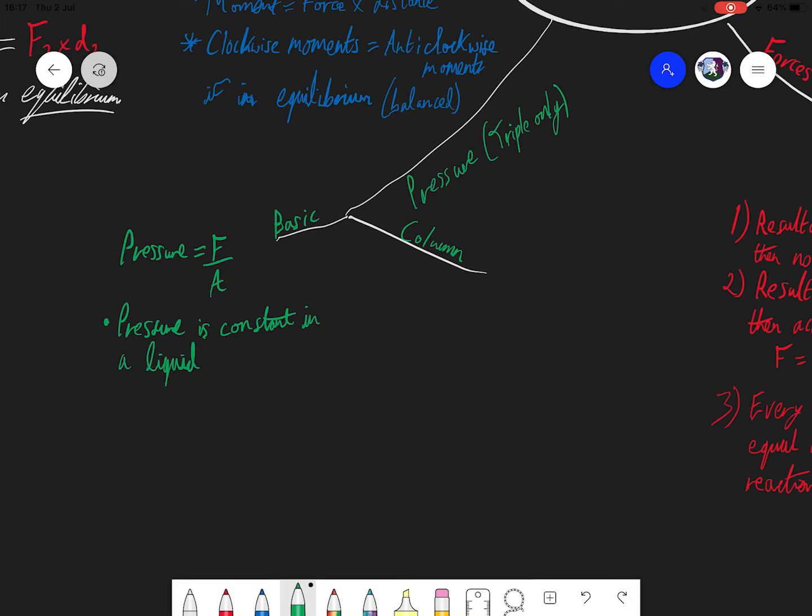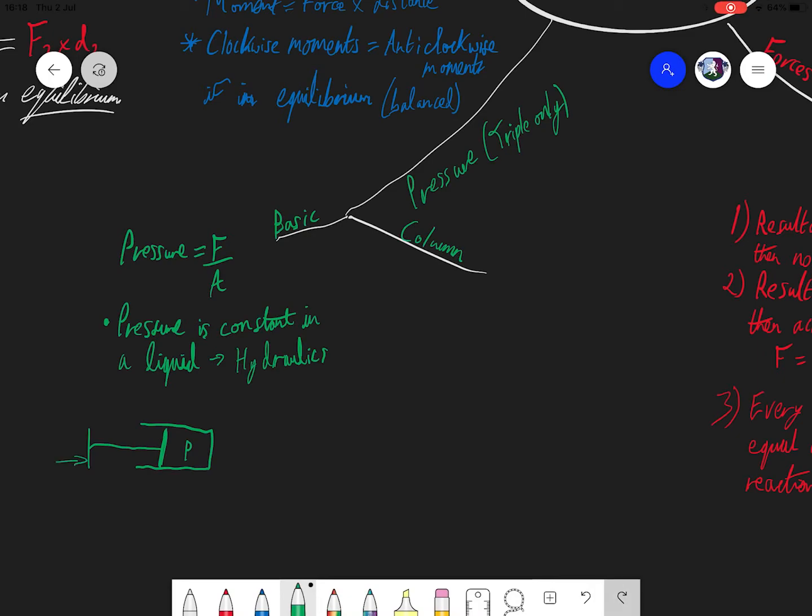But what we care about most is liquids, because we know that we can manipulate the shape of a liquid, but as long as it's held under pressure, the pressure is constant, which is used in hydraulics. Now, hydraulics are a system abusing this knowledge. Now, if you consider a syringe, so it's a sealed syringe here, with a fluid, and that's at a pressure.